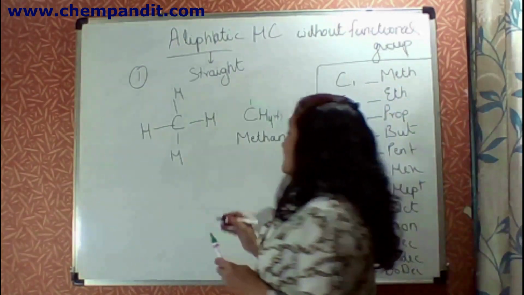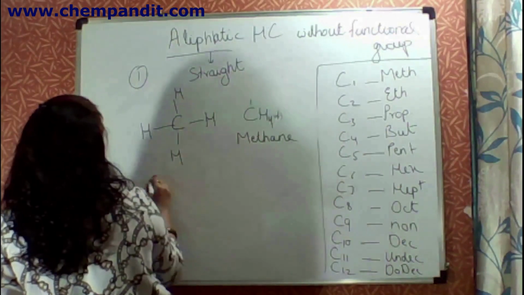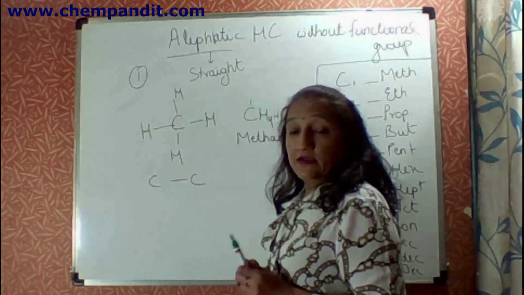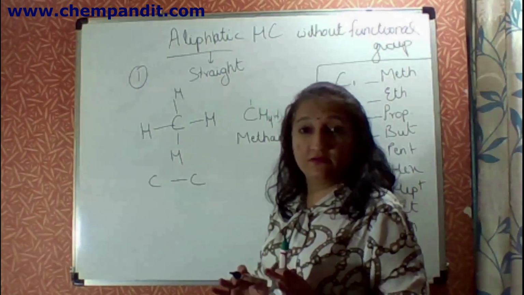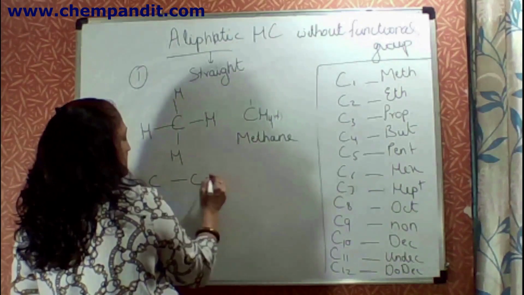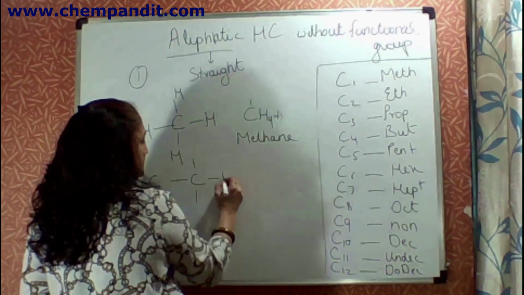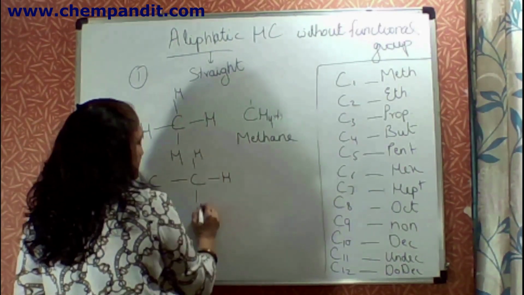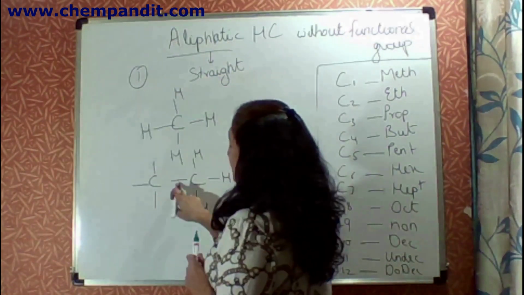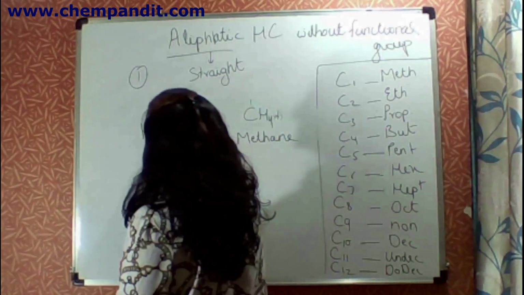Right? Suppose we have another compound, CC, like this. A carbon has 4 valency, right? So this one valency is satisfied with the other carbon, and for the rest 3 we will satisfy the valency with hydrogen. And similarly with this carbon, one valency is already satisfied.